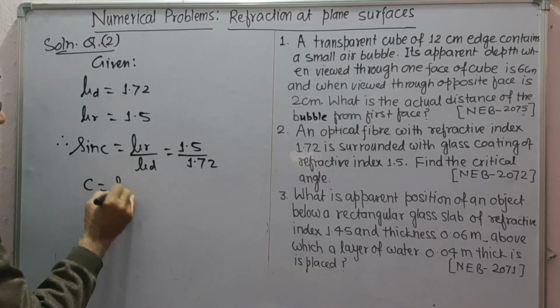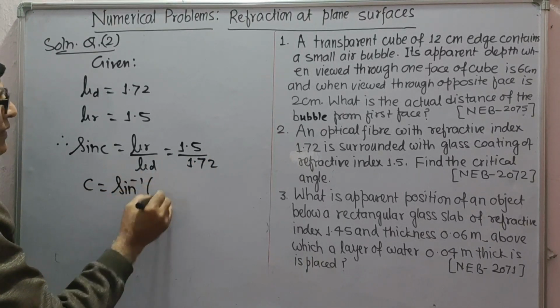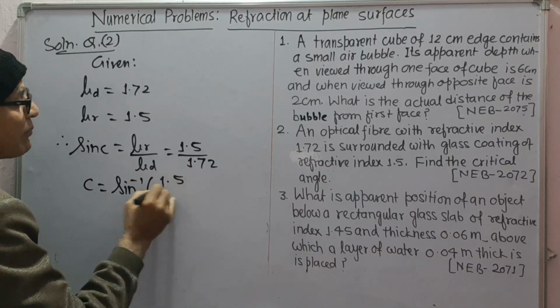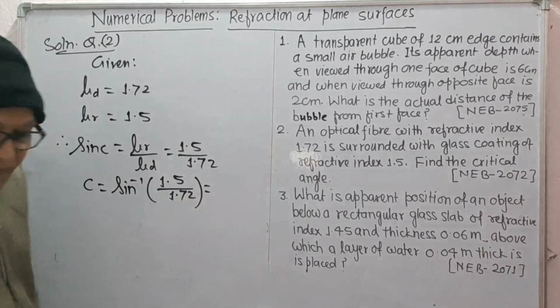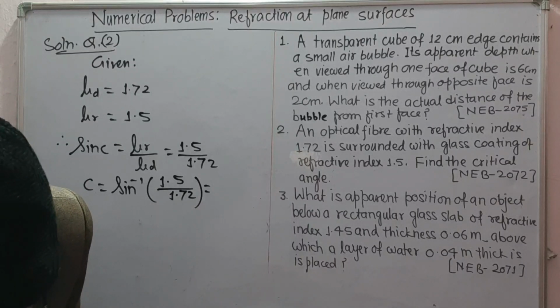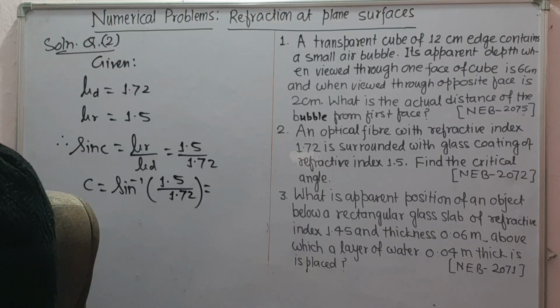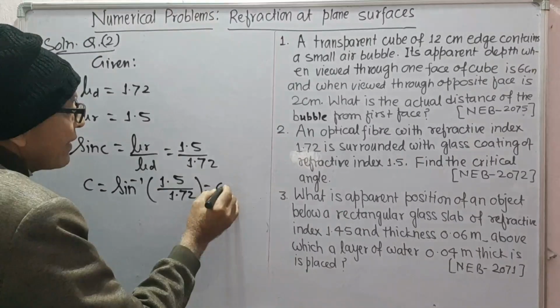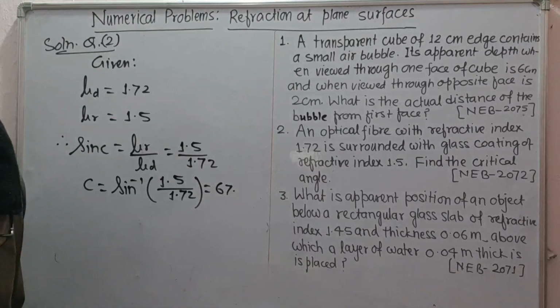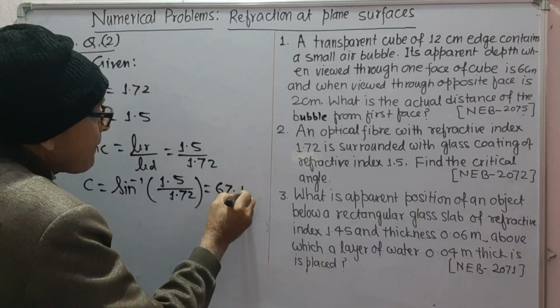C will be equal to sin inverse of 1.5 upon 1.72, which gives 67.45 degree.